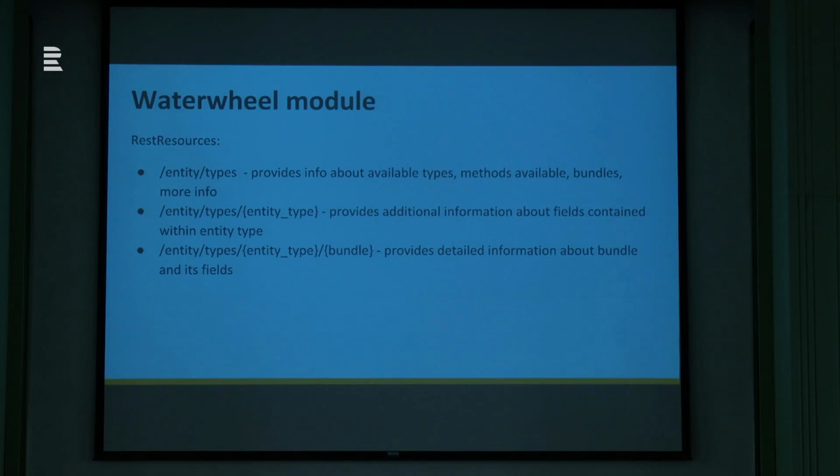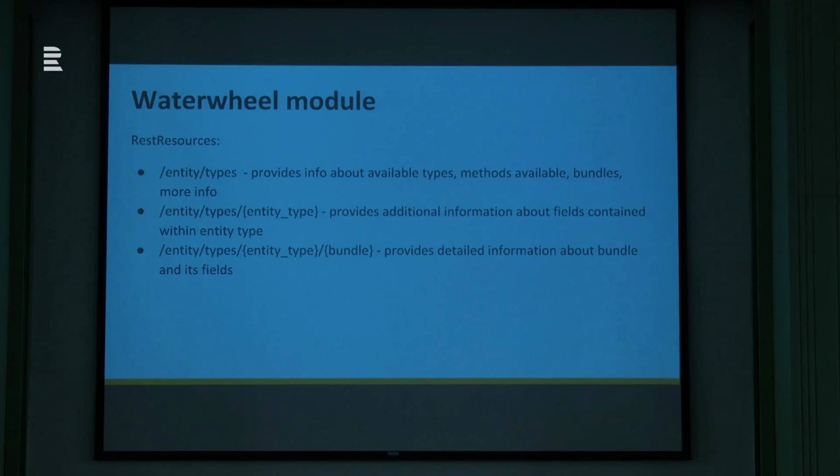So with the Waterwheel module, you'll get 3 more REST resources available. With those resources, you'll have the ability to fetch the types of data, what fields this entity has, what kind of information is there, I mean the structure of the entity itself.